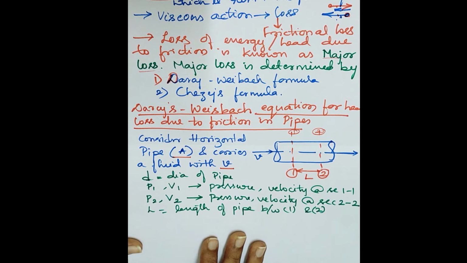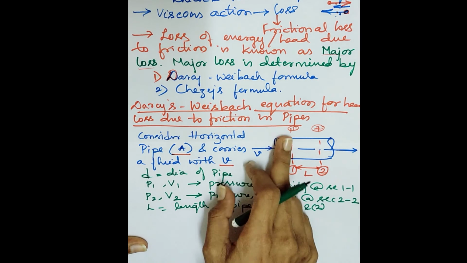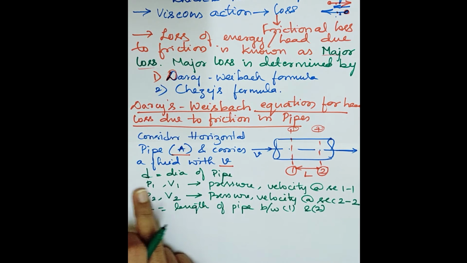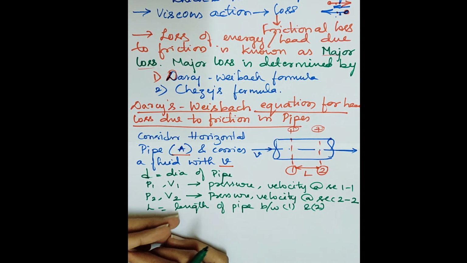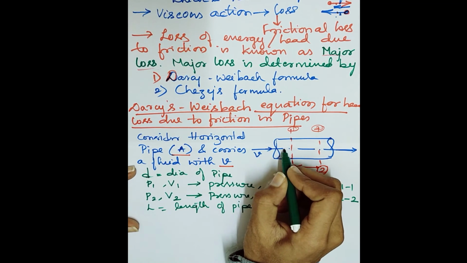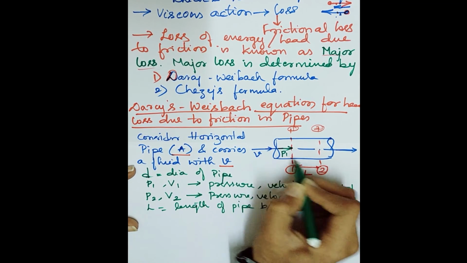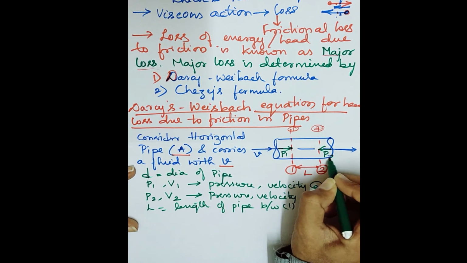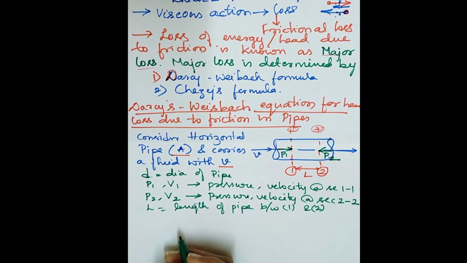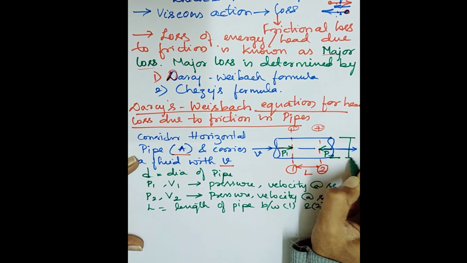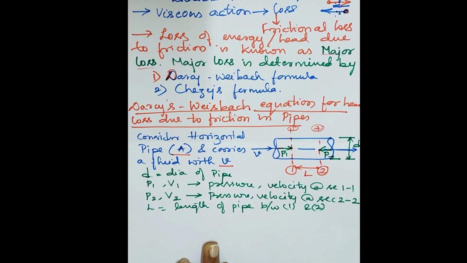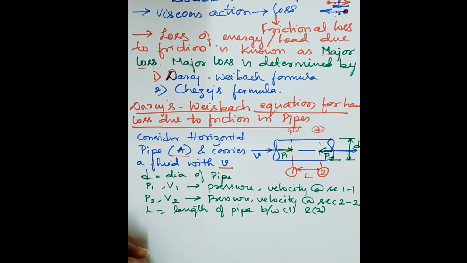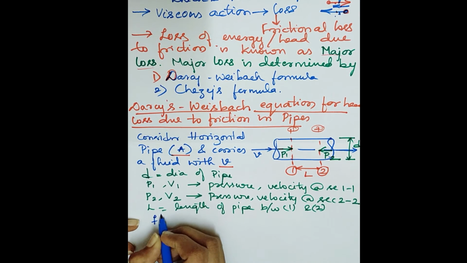Where will P1 and P2 act? We'll show it in a figure. This is P1 and this is P2, and the diameter is D. Here we'll consider F dash.